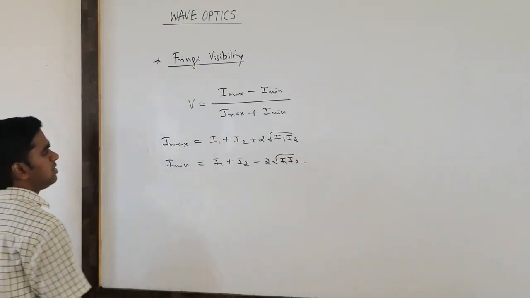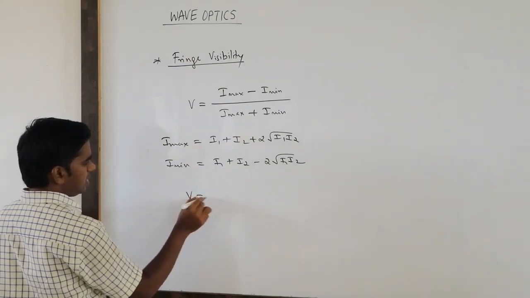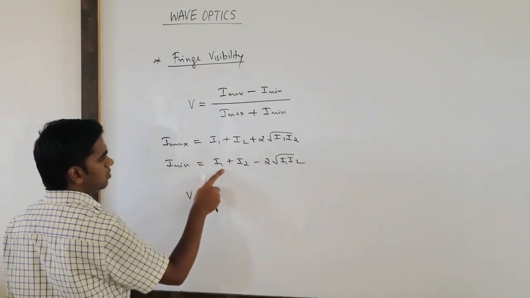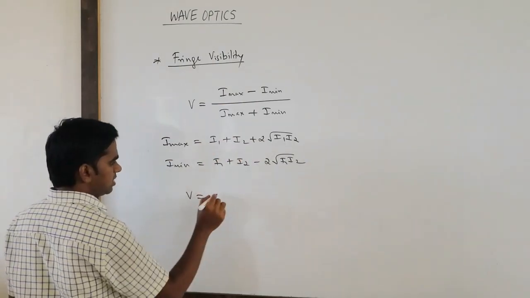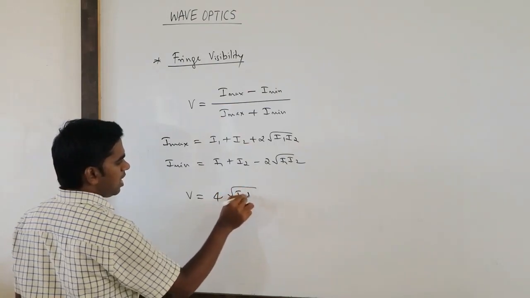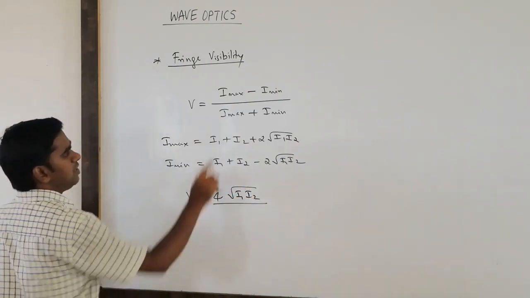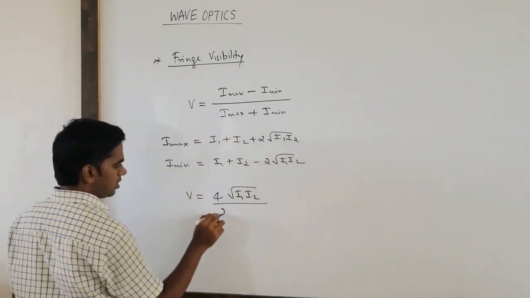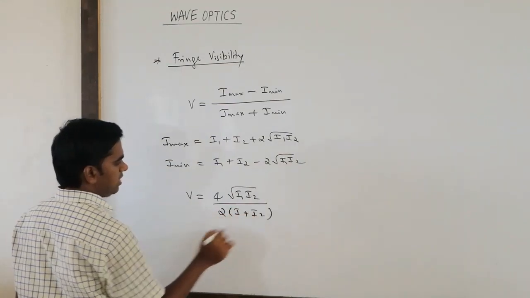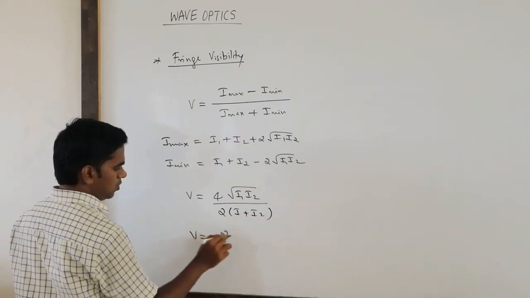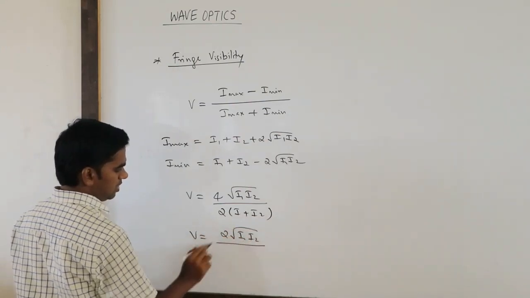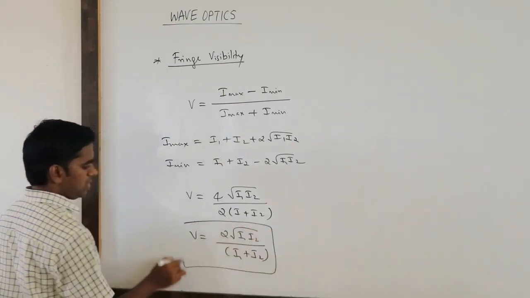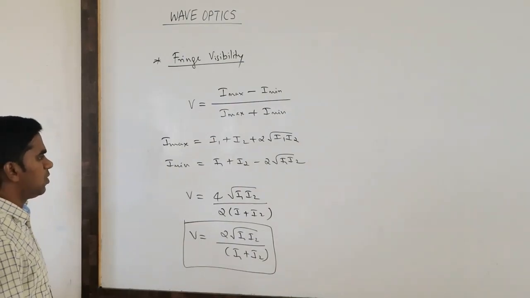So fringe visibility V equals I maximum minus I minimum over I maximum plus I minimum. In the numerator, I1 plus I2 cancel, and minus minus becomes plus, giving 4 root I1 I2. In the denominator, the minus and plus terms cancel, giving 2 times I1 plus I2. So fringe visibility is 2 root I1 I2 divided by I1 plus I2. This is what we call fringe visibility, or band visibility.